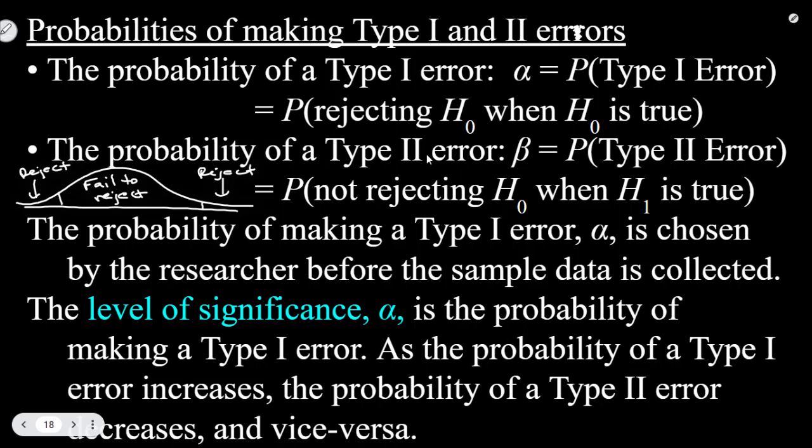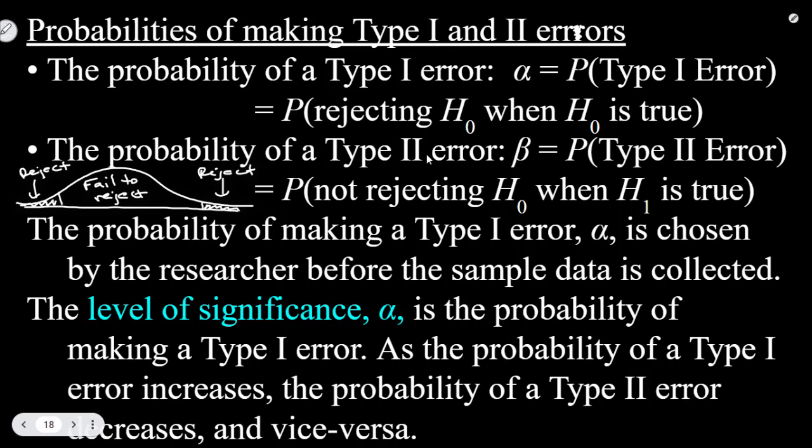If you make your probability of making a type 1 error very small, that means your outside areas are very small, so you hopefully do not reject the null hypothesis when it's true.